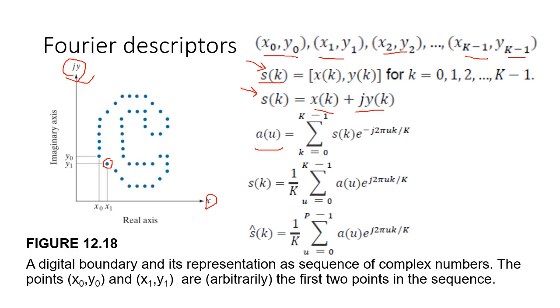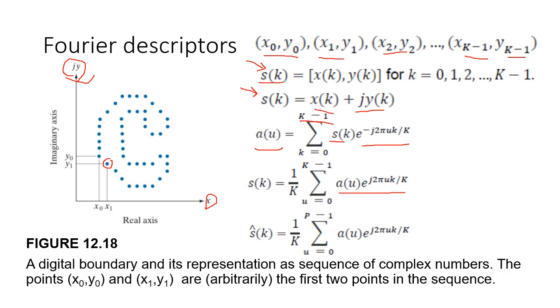The a(u), the coefficient, is defined by this formula, which is a summation for k equal to 0 to capital K minus 1 of sk times e to the power of something like this. Okay, now we could represent it using this.